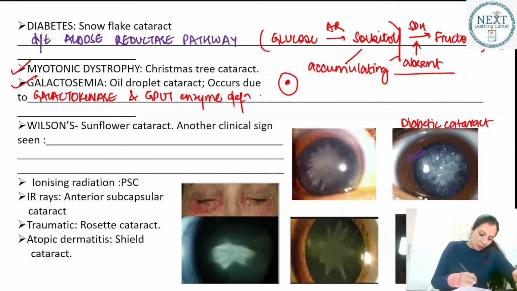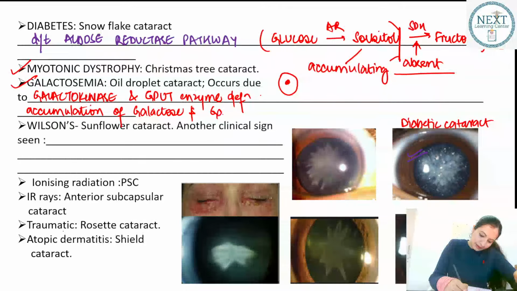Then in galactosemia, what happens is there is accumulation of galactose and galactitol.